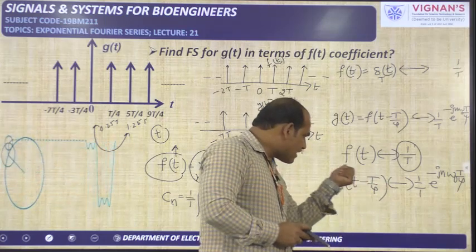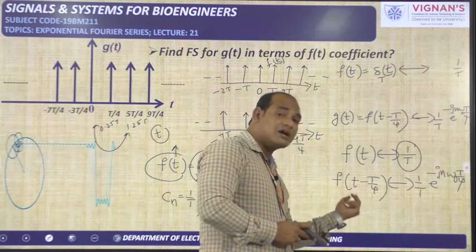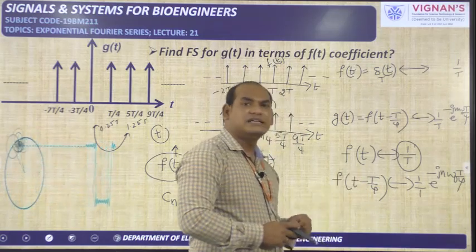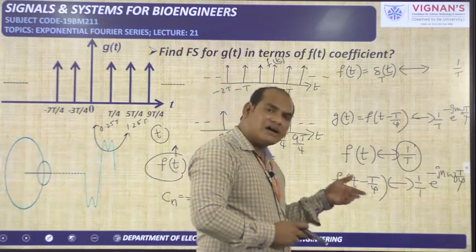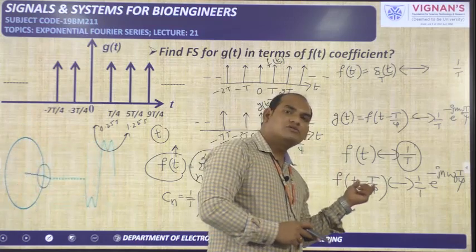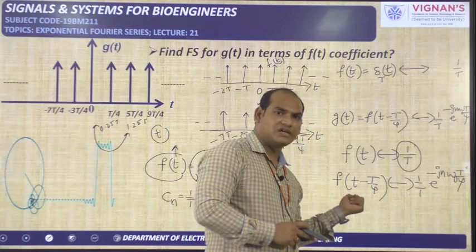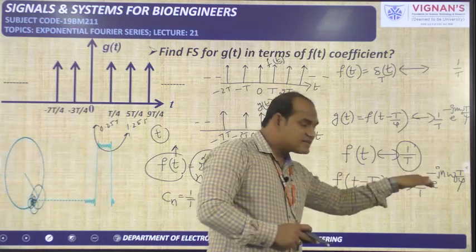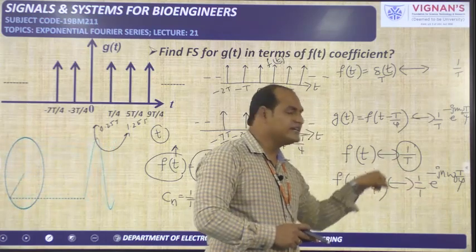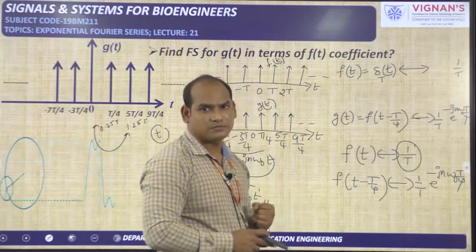That means that this f of t minus T by 4 will become f of t whenever capital T is equal to 0. What I mean, if I make capital T equal to 0, there is no shifting here. Again we will get the original signal f of t. That means at this right side part also we should get 1 by T only if shifting is not available.